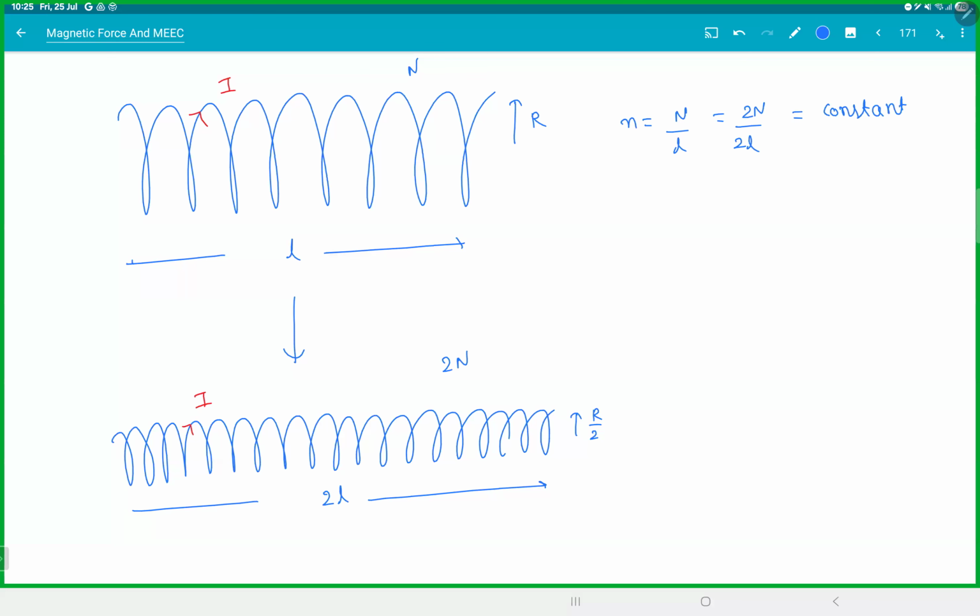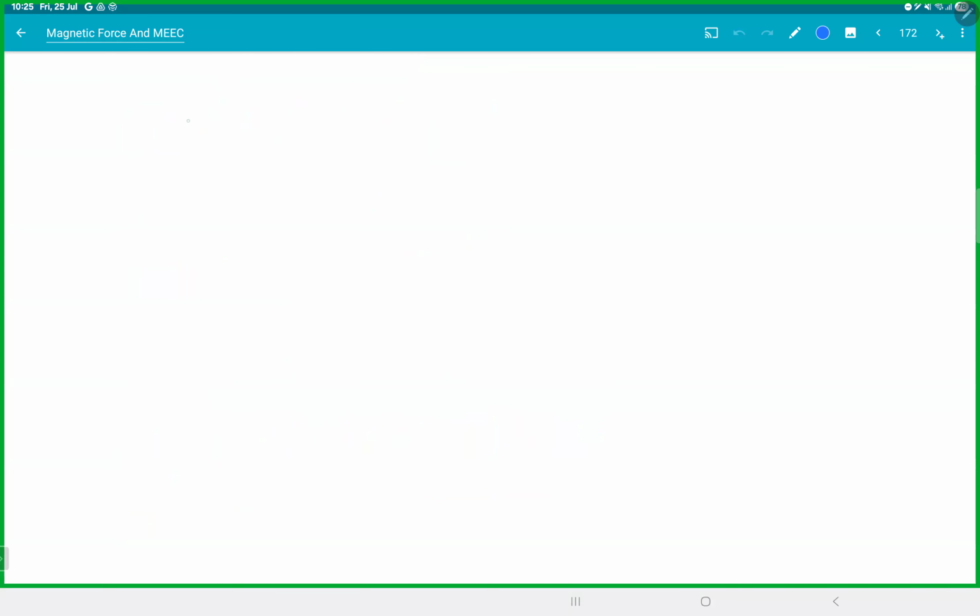Number of turns will depend on what? Number of turns will depend on the thickness of the wire, isn't it? For example, let's say I have a wire whose thickness is d, right? So let's say thickness is 1 centimeter.